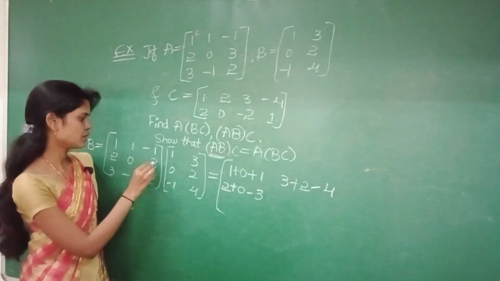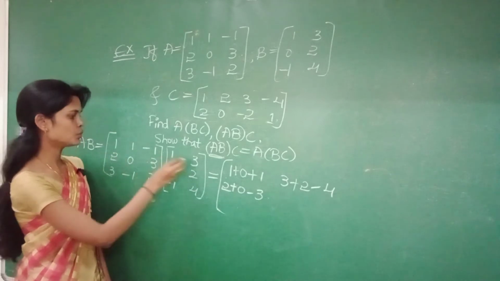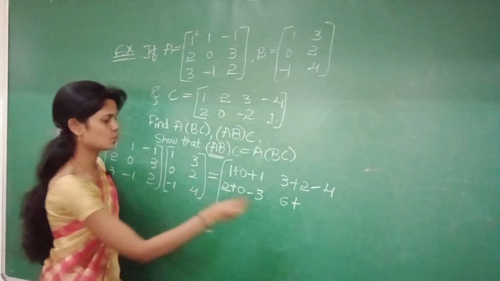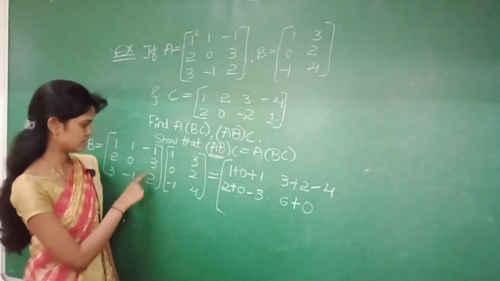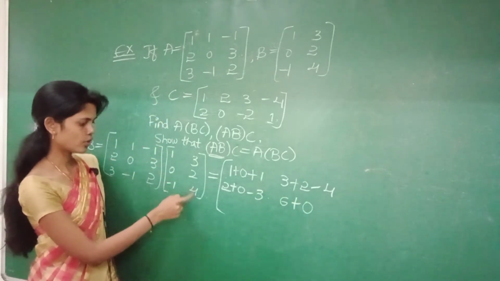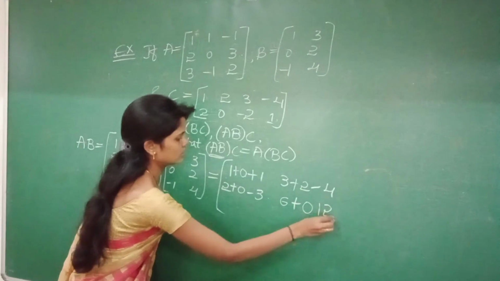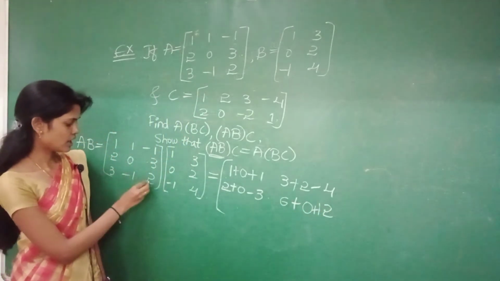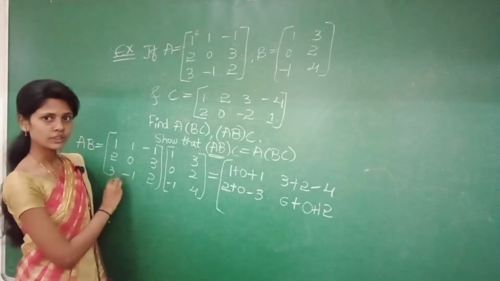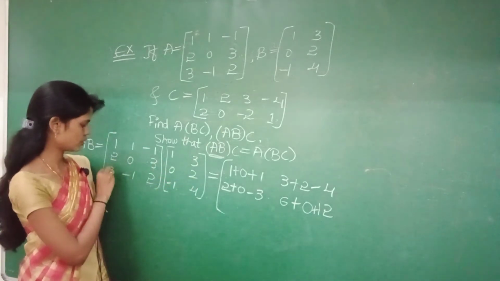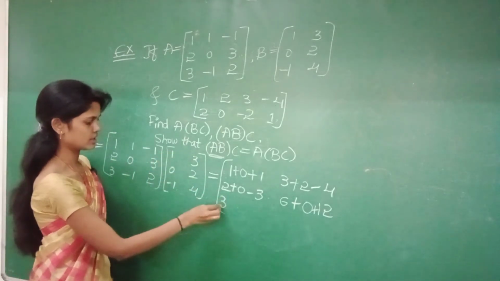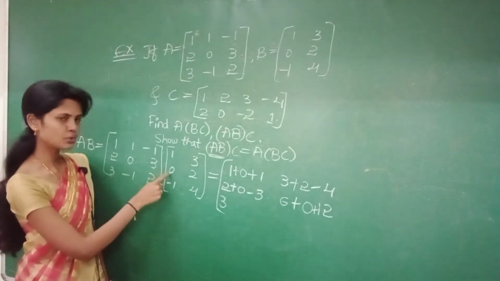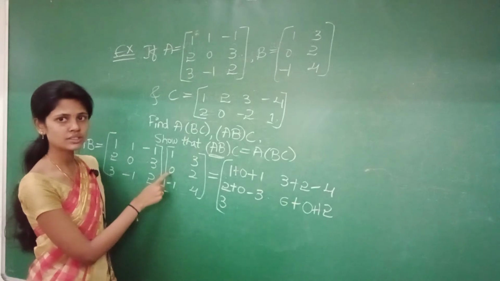Then second row, second column: 2 into 3 is 6, plus 0 into 2 is 0, plus 3 into 4 is 12, plus 12. Then third row, first column, third row, second column: 3 into 3 is 3, plus minus 1 into 0, so it is 0 only.